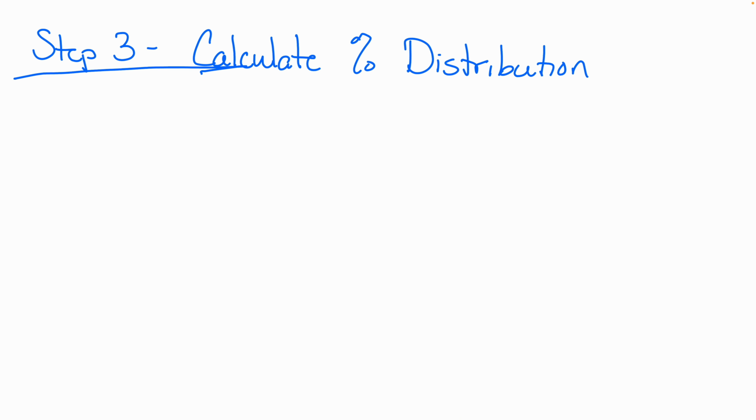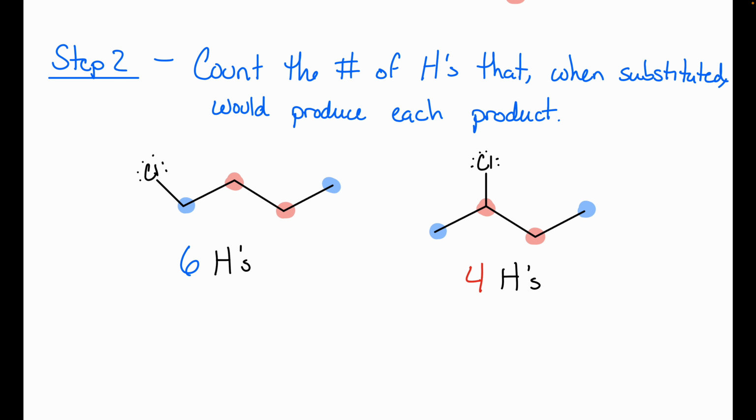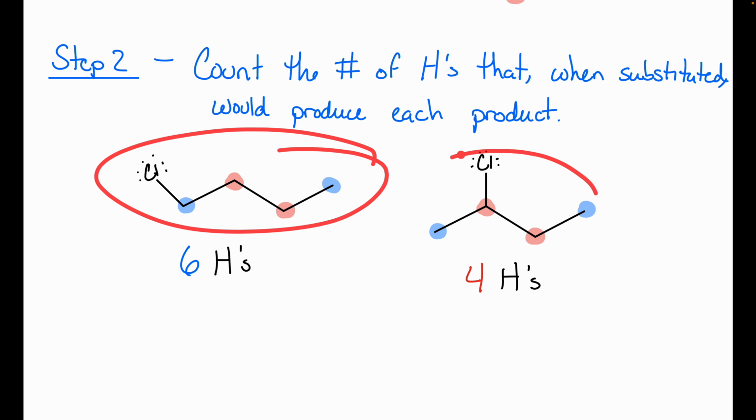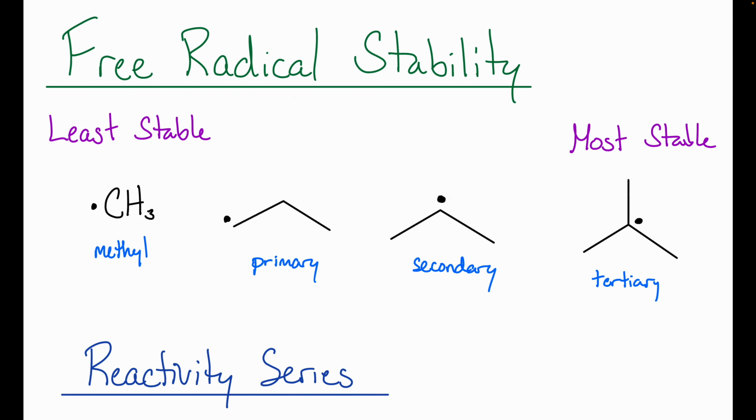Given what we discussed about our radical stability, which one of these products would we expect to be our major product here? The 1-chlorobutane or the 2-chlorobutane? The 2-chlorobutane, because we said that secondary radicals are more stable than primary radicals, okay?